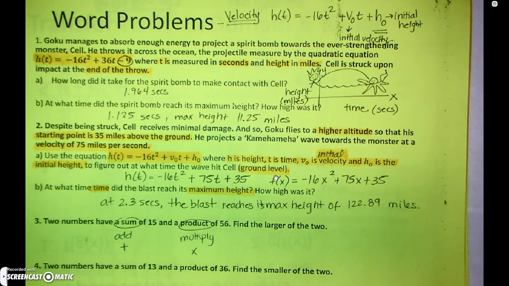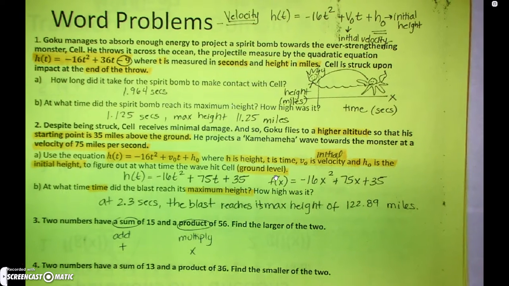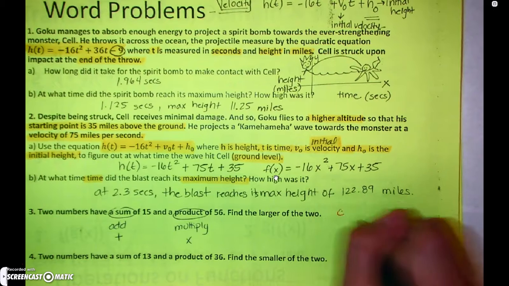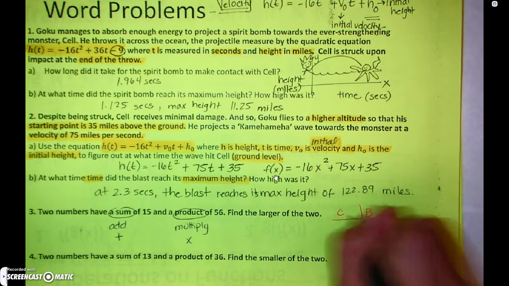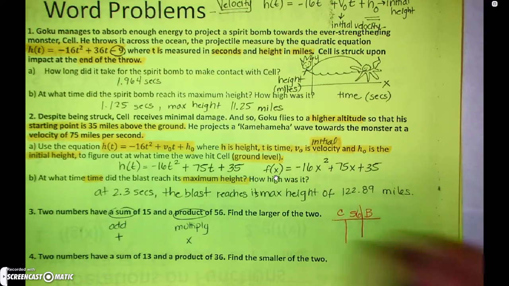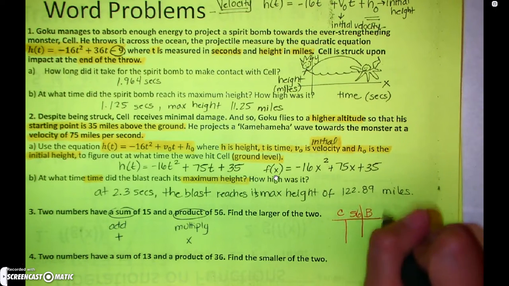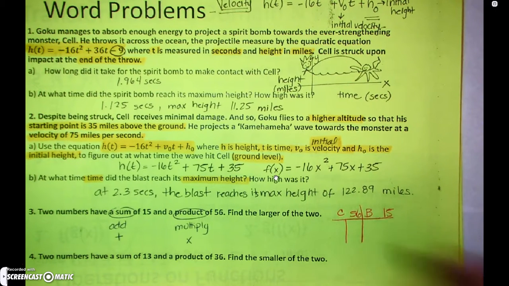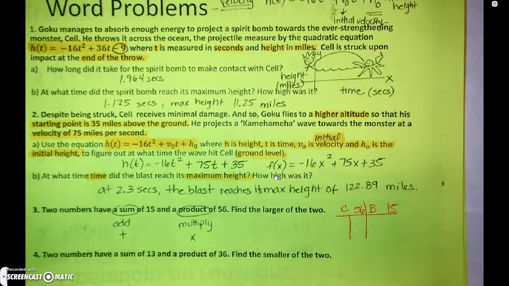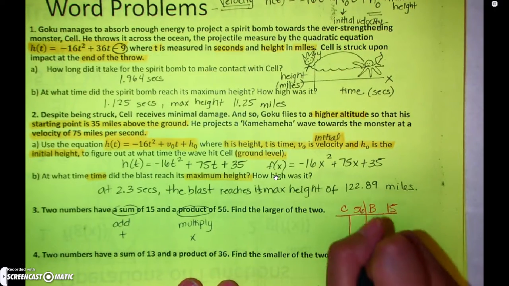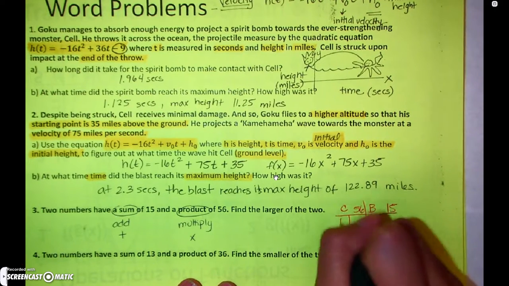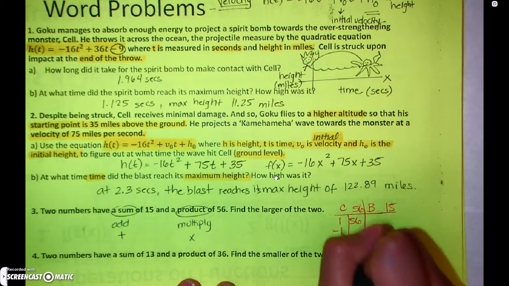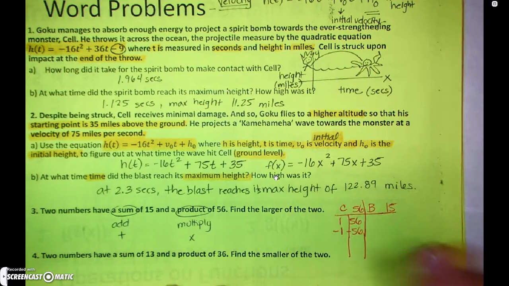Okay, so what two numbers can I add together to get 15 that gives me a product of 56? Well, this goes back to your CB table. So the question is, what two numbers can I multiply together to get 56 that would add up to 15? So in this case, you need to know your multiplication tables. So of course, 1 times 56, -1 times -56.